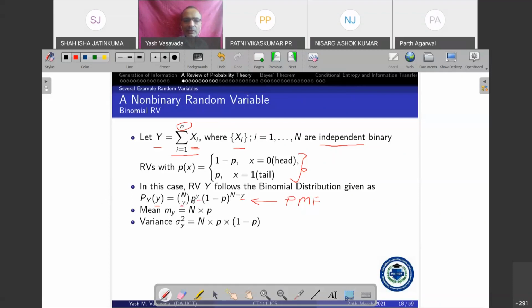And remember, capital N and capital P are given to you, so you can calculate the probability of that particular value of y happening. So this is the formula for the binomial probability mass function. Now you can calculate the mean, the expected value, and the variance, similar to what we did for Bernoulli, and it turns out to be n times p and n times p times 1 minus p. Okay, so this is a characterization of the binomial random variable.